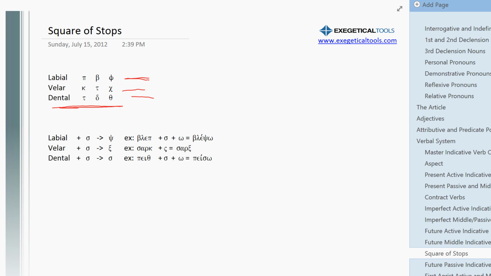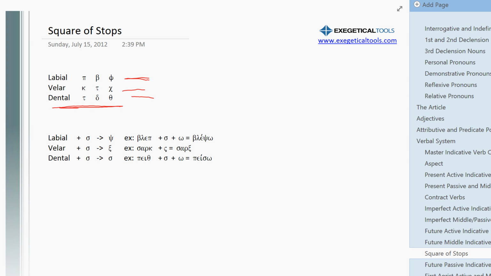I don't actually know biology or anything like that, so I can't explain where these are occurring in the mouth. But if you say them aloud, you can feel in your mouth where the air is getting stopped or pushed through. So kappa, gamma, chi, and then dentals, tau, delta, theta. There your tongue's coming up against either the roof of your mouth or against the teeth.